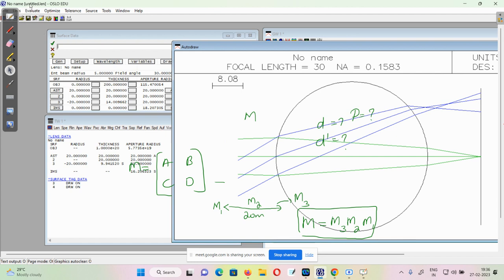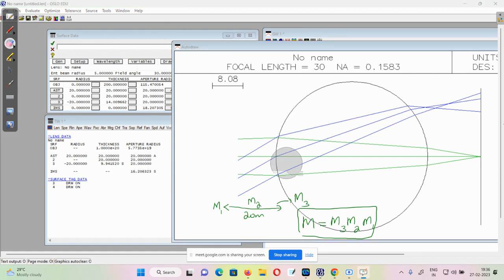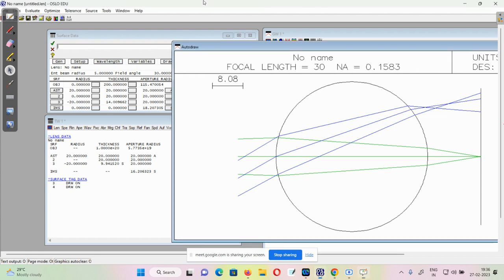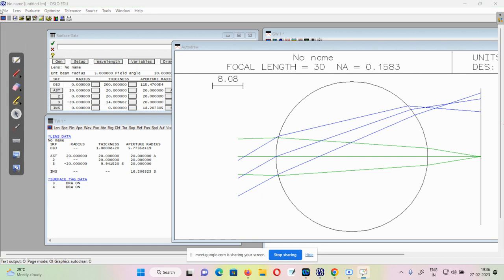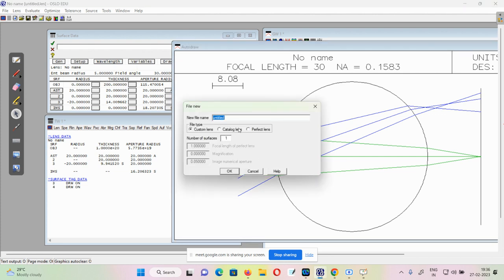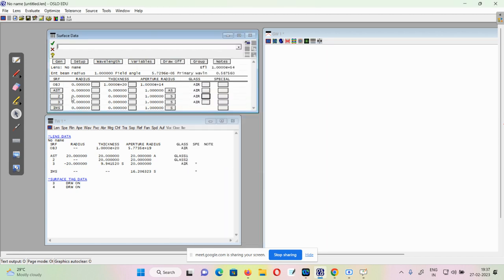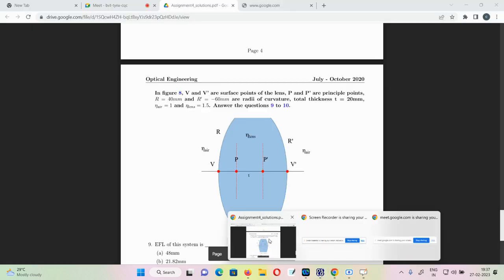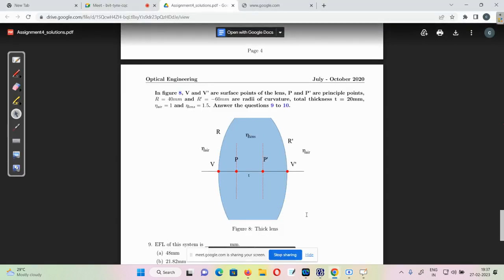So I am putting in a new lens: 40 and minus 60, thickness 20.